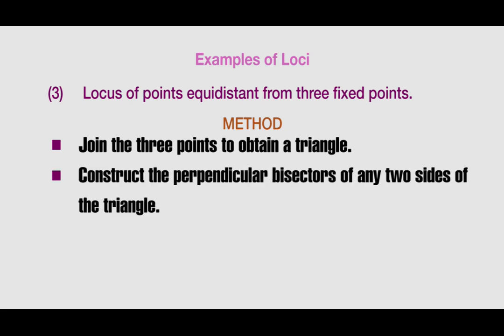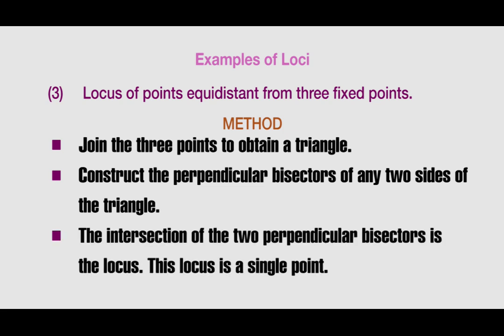Construct the perpendicular bisector of any 2 sides of the triangle. 3. The intersection of the 2 perpendicular bisectors is the locus. I want you to note that this locus is a single point called the circumcenter. This point can be used to construct a circumscribed circle.